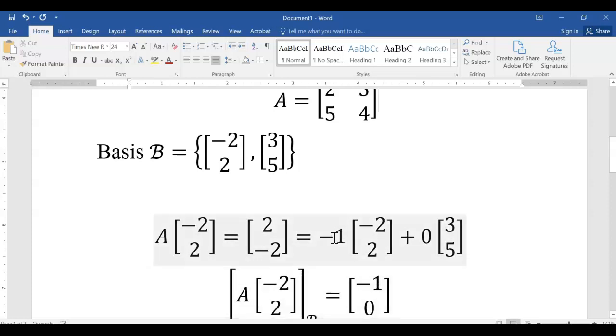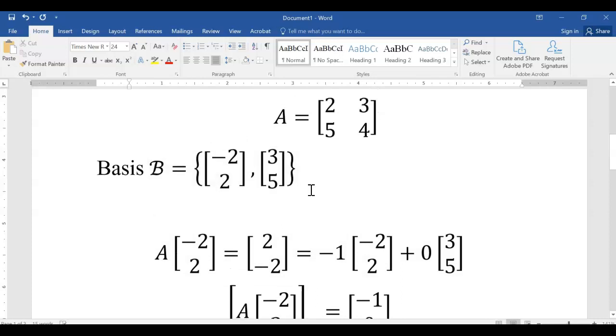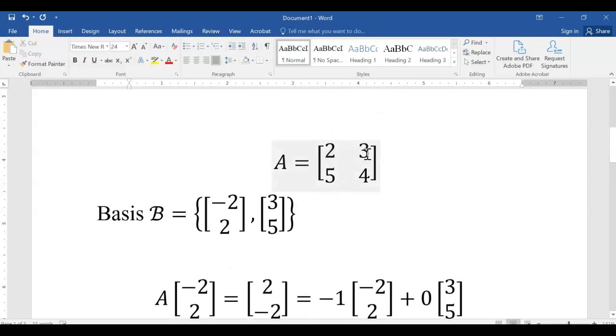Now, what that means is, in short, negative 2, 2 is an eigenvector for this matrix, with eigenvalue of negative 1.